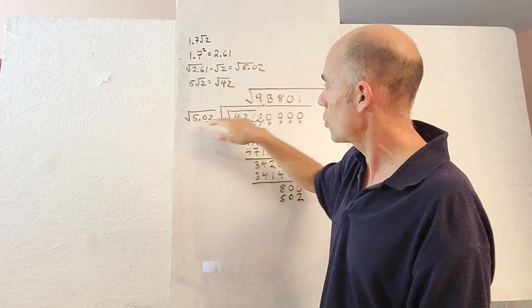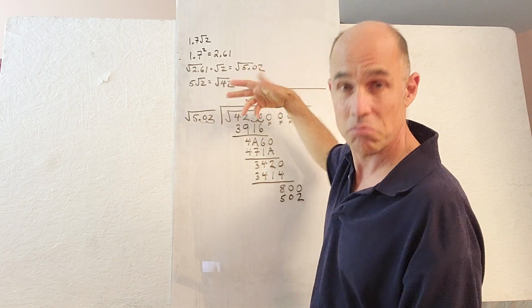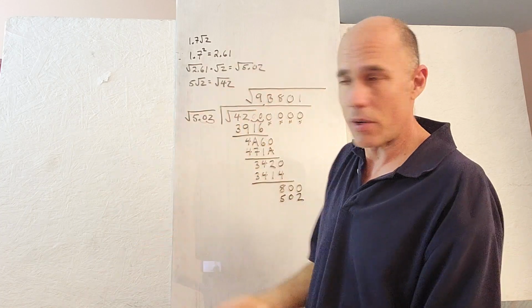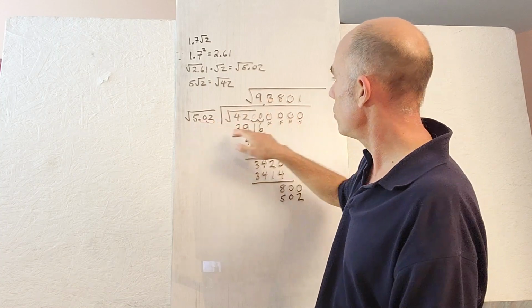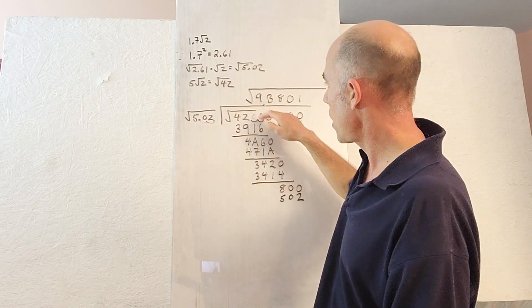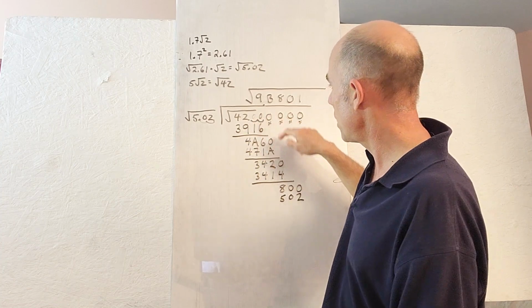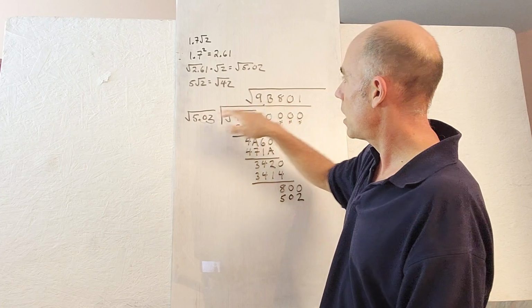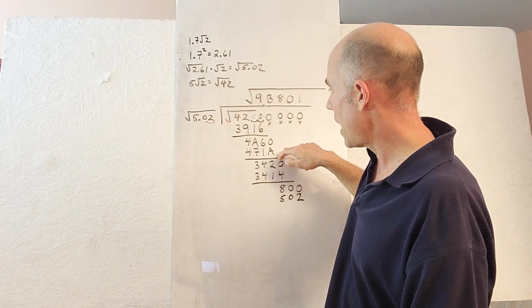Now again, these are all square roots, so our answer is going to be a square root, and it starts with 9. So that's a step in the right direction. So 9 times 502 is 3916. We subtract that from 4200, we get 4a6. We bring down the 0. B times 502 is 471a.